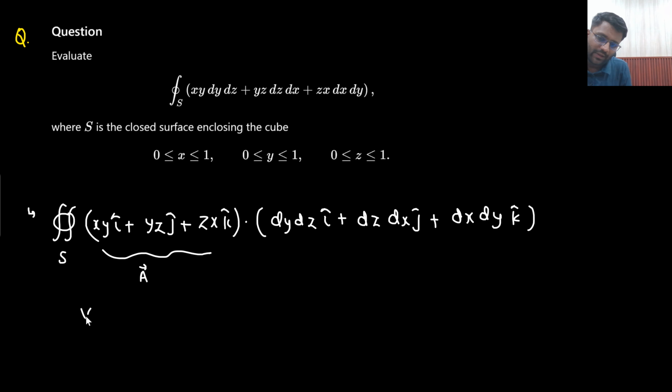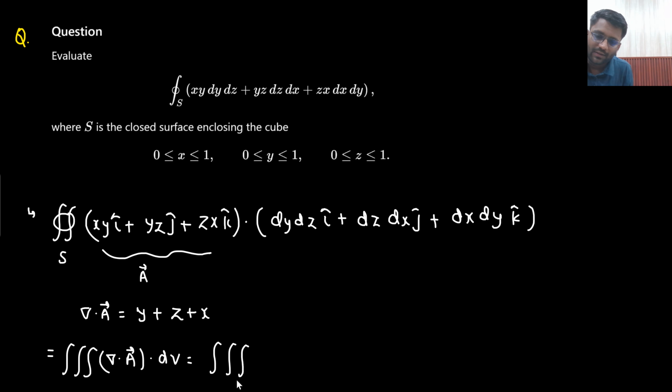What you are supposed to calculate? Del dot A. That means partial differentiation of this with respect to x. What will you be getting? y. Plus partial differentiation of this with respect to y. What will you be getting? z. And partial differentiation of this with respect to z. What will you be getting? x. So del dot A is coming out to be x plus y plus z. So it will be equivalent to del dot A dV.